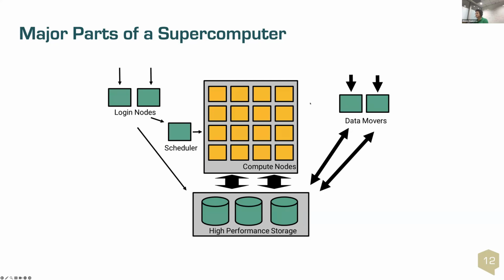And then you have some other nodes that are called data mover nodes. So sometimes for many applications, you need a large amount of data. The files are big, or the simulations, the code that you're running in the compute nodes, generate a lot of results, a lot of data, and you save the results here.